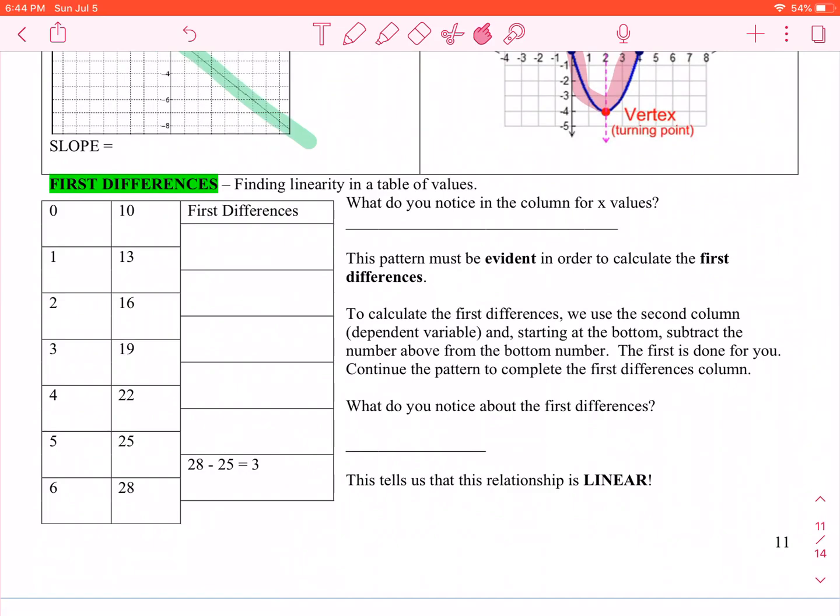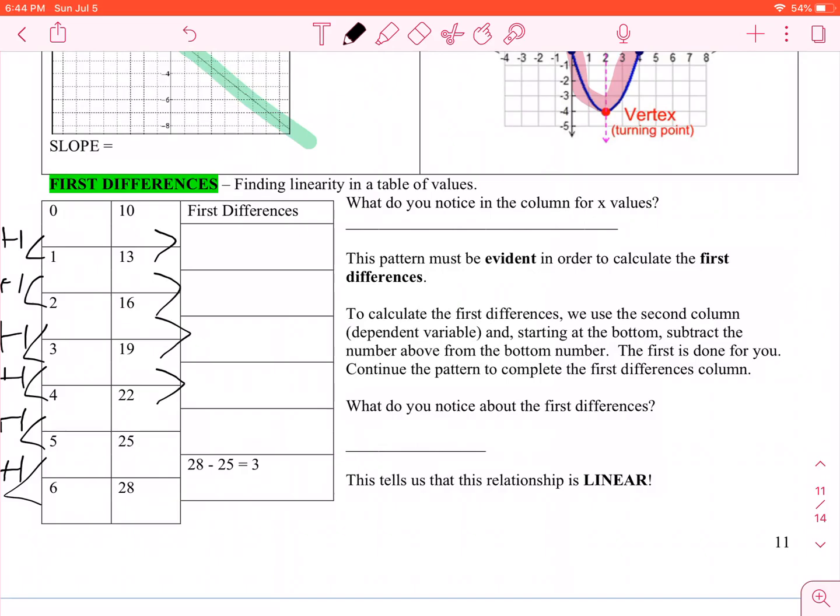It's important to also acknowledge the x's. The x's look like they're increasing by 1 each time. So you can add that on the side because it is important to acknowledge what your x's are increasing by. But it's really important to determine the change in your y.